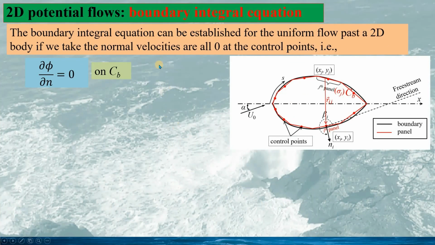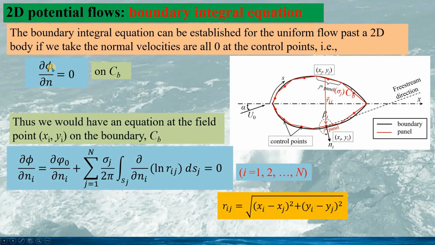To build the boundary integral equation for 2D potential flow, we can use the non-penetration boundary condition. That means the normal velocity on the boundary would be 0. That is, the partial differentiation of the potential function phi with regard to the normal n is 0.